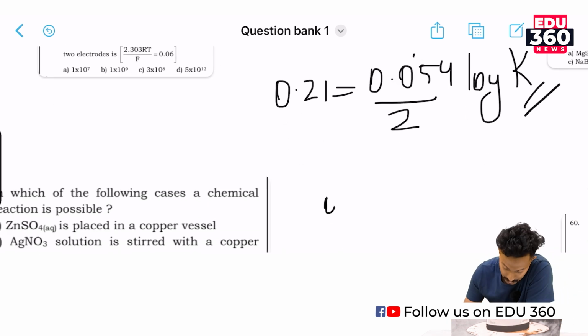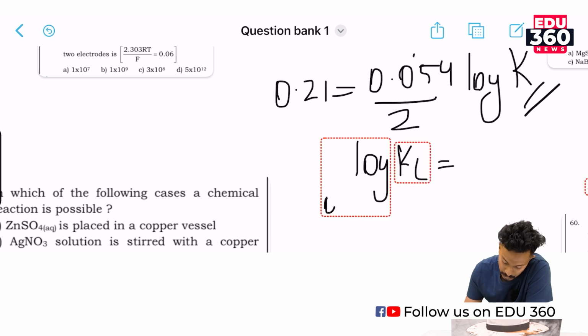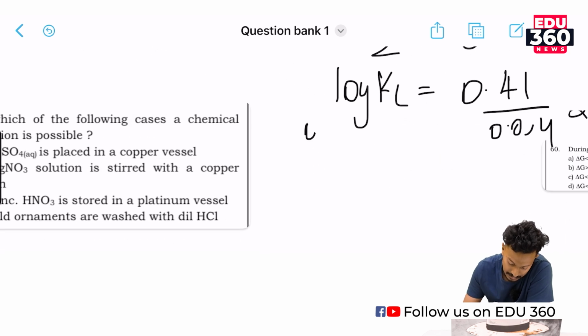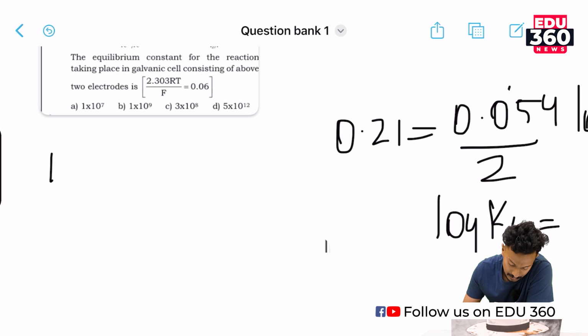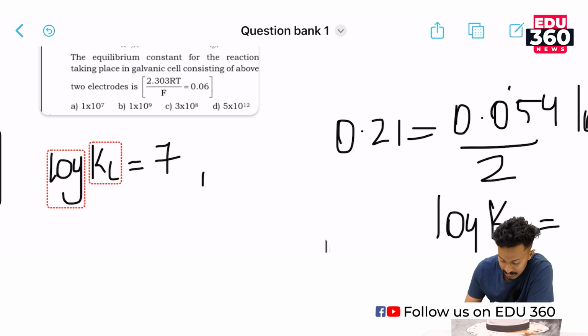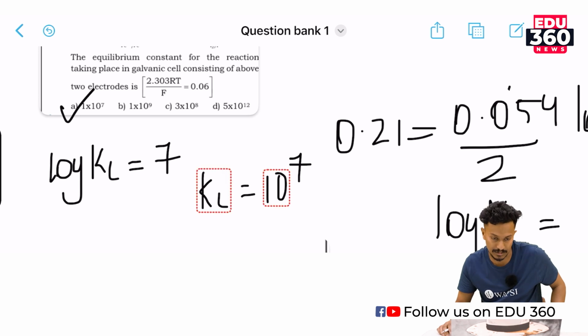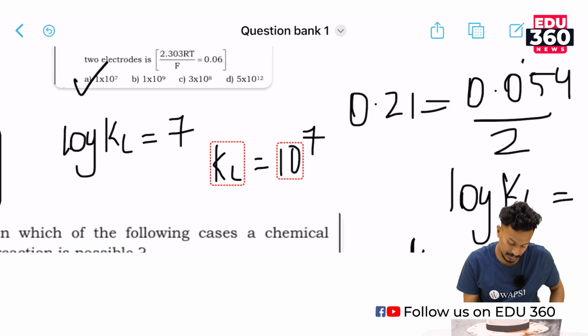We get log Kc is equal to 2 times 0.21 by 0.059, which gives log Kc is equal to 7. So Kc is equal to 10 raised to 7, which is option A. Am I right? Yes, I have got that question.